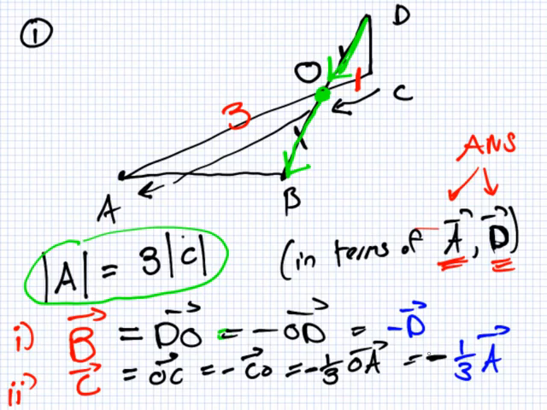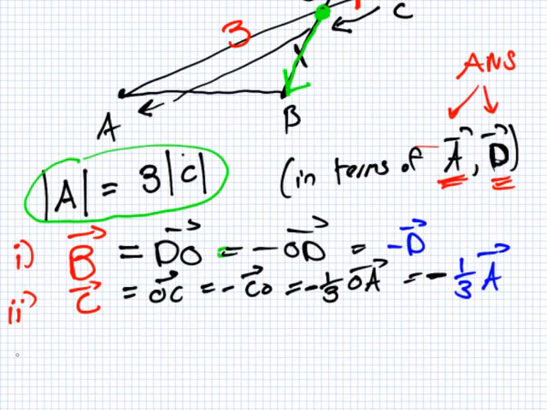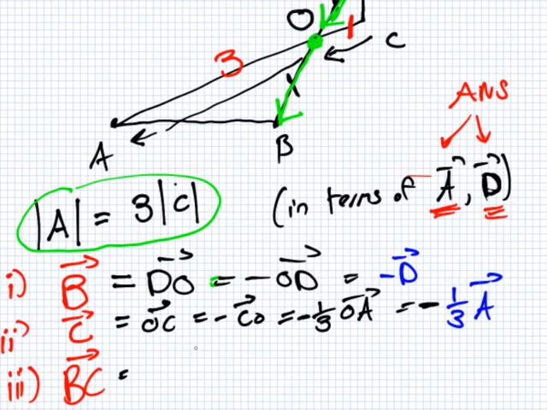Okay, cool. Right, so the last part for you to try is BC. Should only take you like 10 seconds. BC, using the triangle rule, is C minus B, and you already have C now.